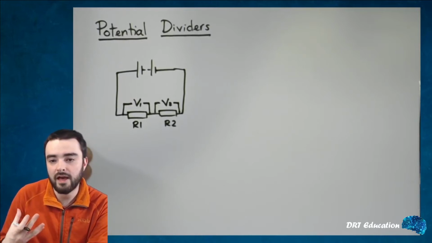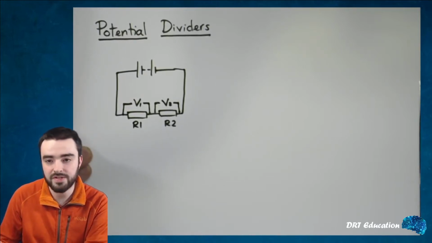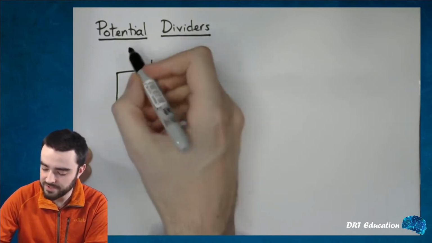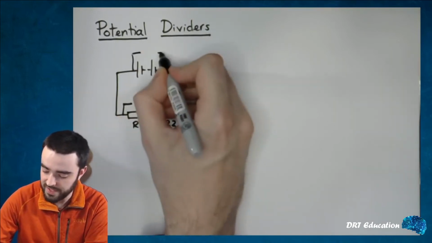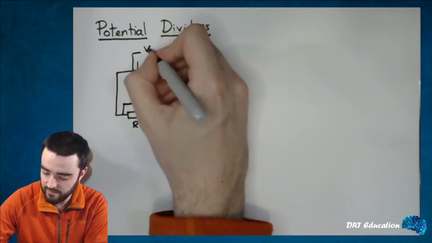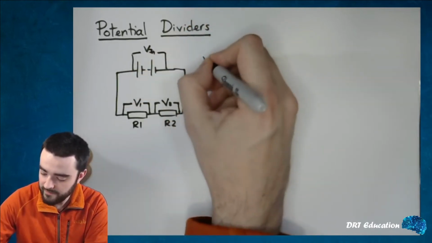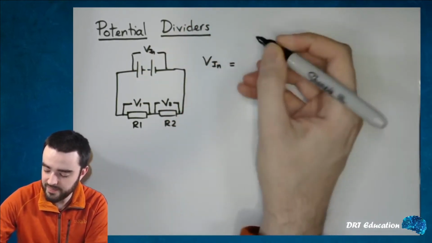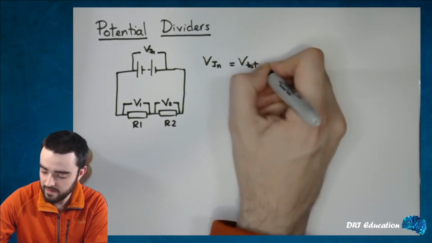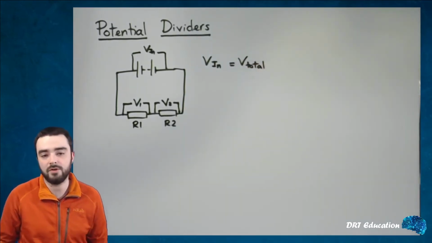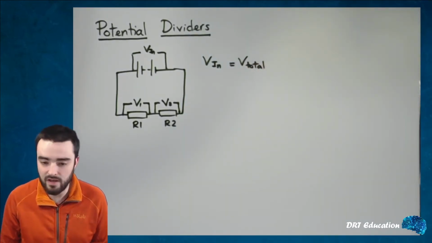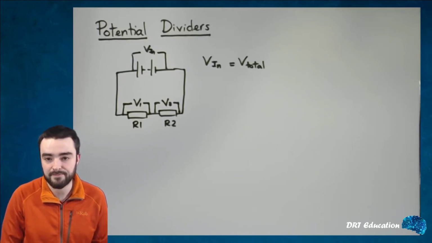The voltage input, the electromotive force that's being given out, is measured across here. And so V in is going to be equal to V total. That is the total energy being supplied to this circuit.